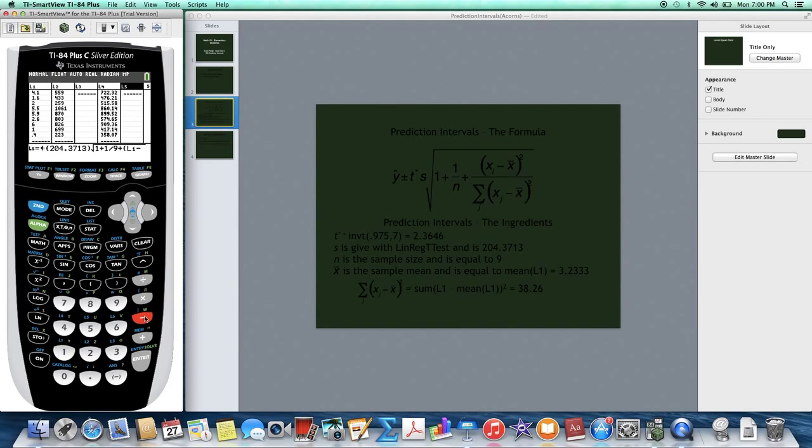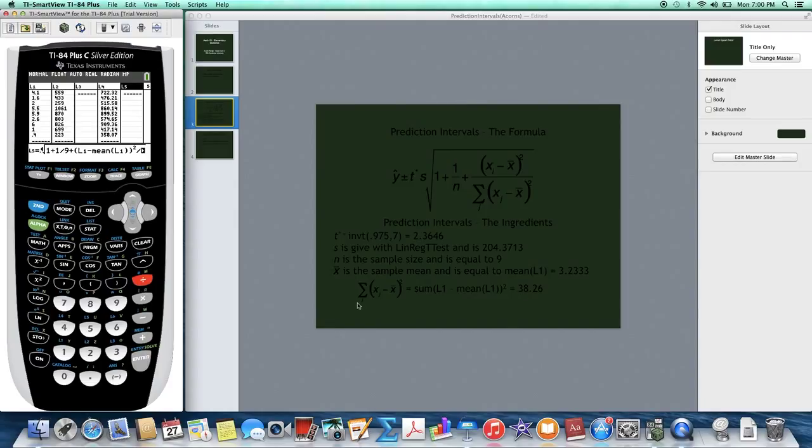And we'll go subtract, and now I need second Stat for list, back to Math. I need the mean here again, so this is going to be the mean of L1. Close that parenthesis, another parenthesis, and then square. And then divide that by 38.26.